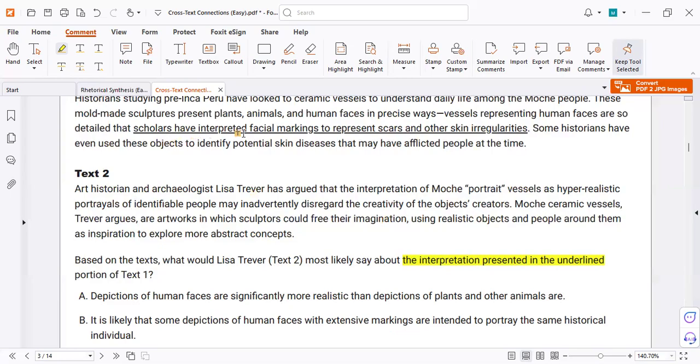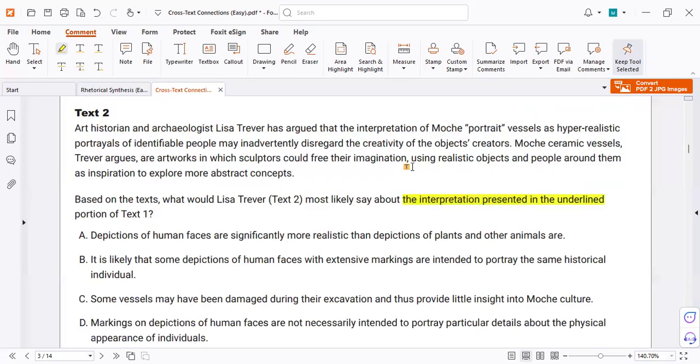The scholars have to represent the scars and other skin irregularities. So what does he mention about this point? That is the question. I mentioned the letter D, that markings on depictions of human faces are not necessarily intended to portray particular details about the physical appearance of individuals.